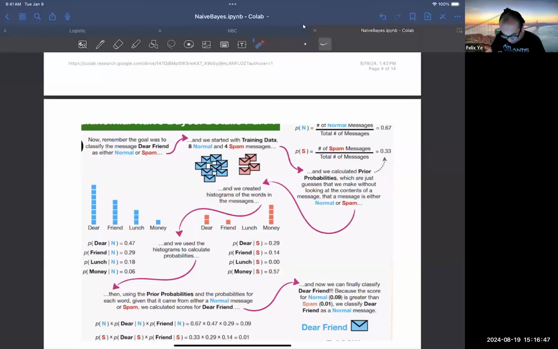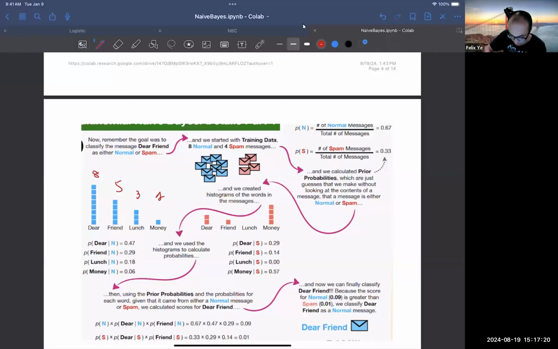What we do is build a histogram of how often these four words show up. For the normal messages, "dear" shows up 8 times, this one 5, this one 3, and this one 1.